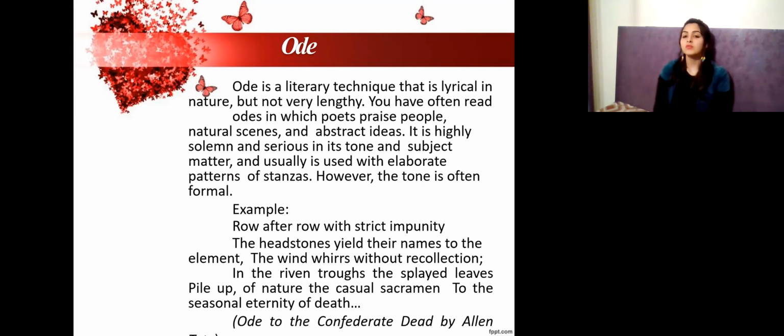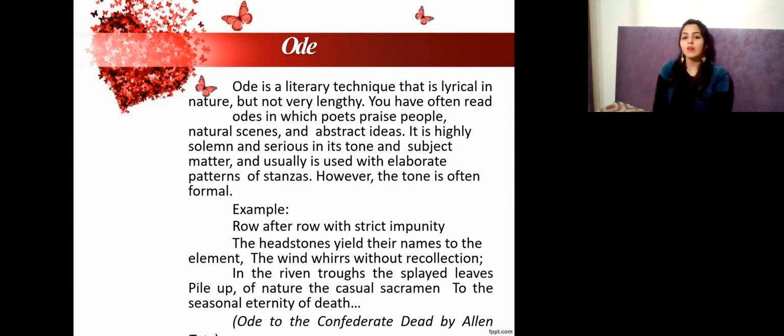However, the tone is often formal. It is mostly formal because you are actually praising someone, praising natural scenes, how beautiful this is, how beautiful the person is. So mostly it is in a very formal tone that you are appreciating or praising someone. So ode is to praise someone, in short.